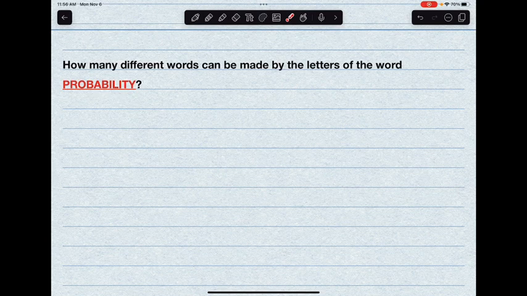We are going to use both the word-making technique and also the formula I gave in the last question.